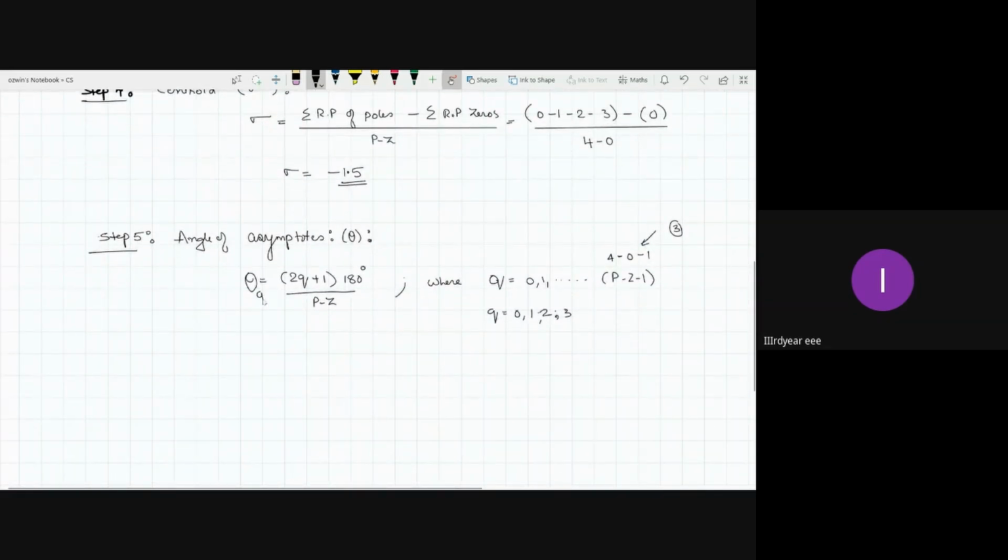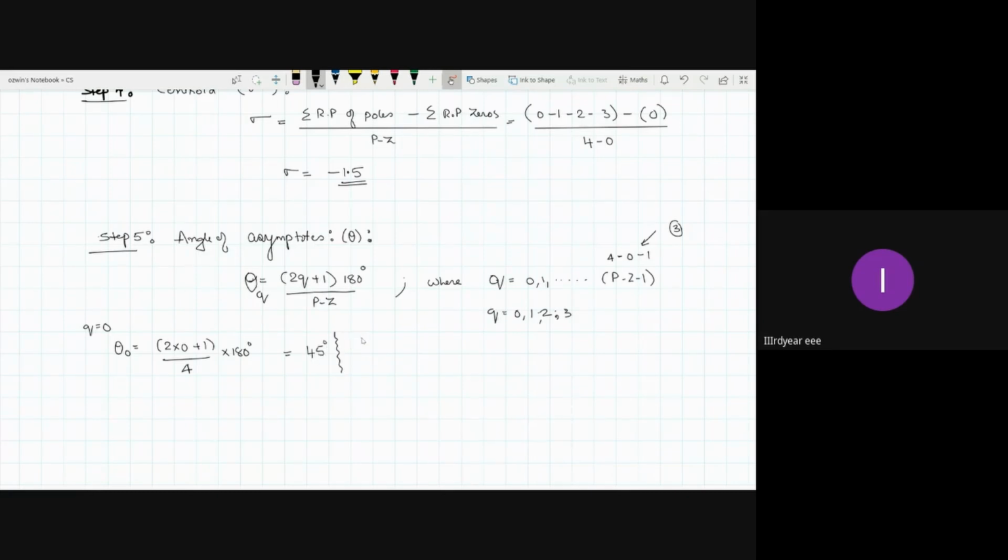It's appropriate to write theta q, so we can find theta naught for q equal to 0. How much will we get? Theta naught is (2 into 0 plus 1) into 180 divided by P minus Z, which is 4. So 180 divided by 4 is 45.